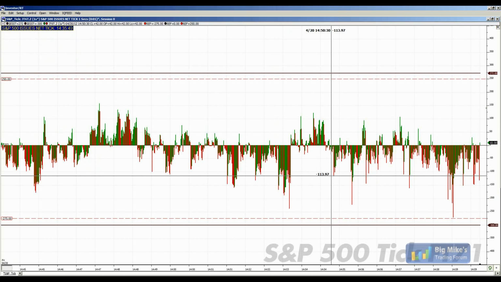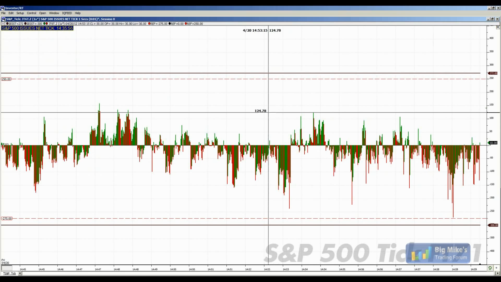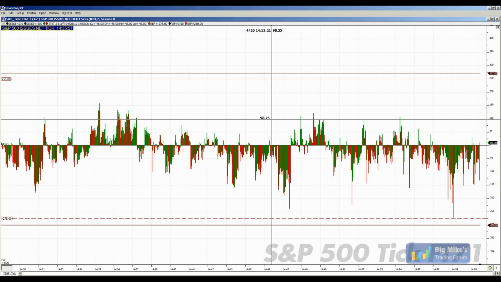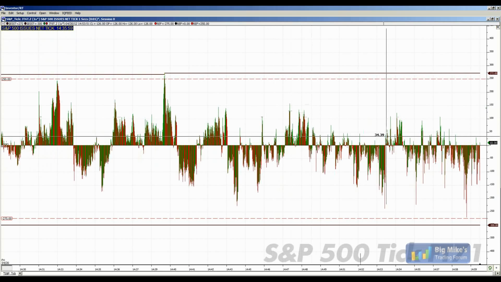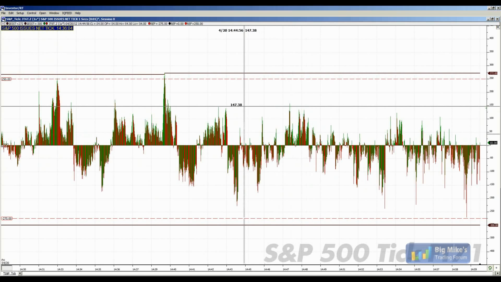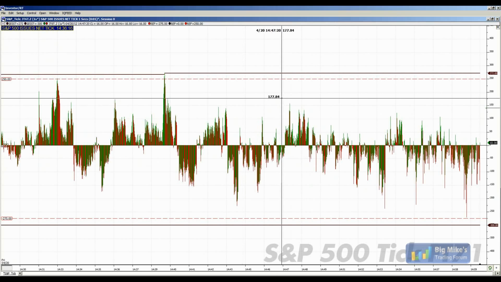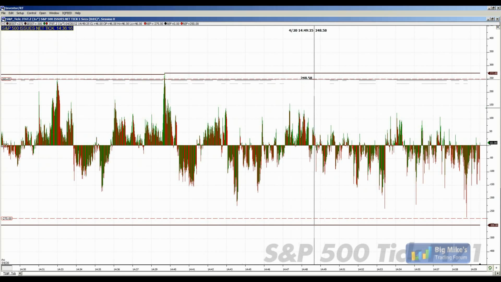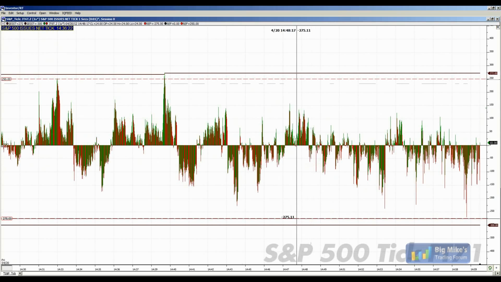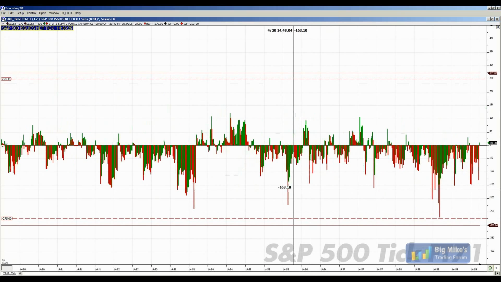I did a lot of studies on what is an extreme tick in the S&P 500 tick, and what I did was I took 1 minute tick data, and I ran a profile on it, and I figured out that the second standard deviation, or 95% of the time of the data set, the tick stays between 250 positive to negative 275. Anything exceeding that has 4.5% chance of occurring.